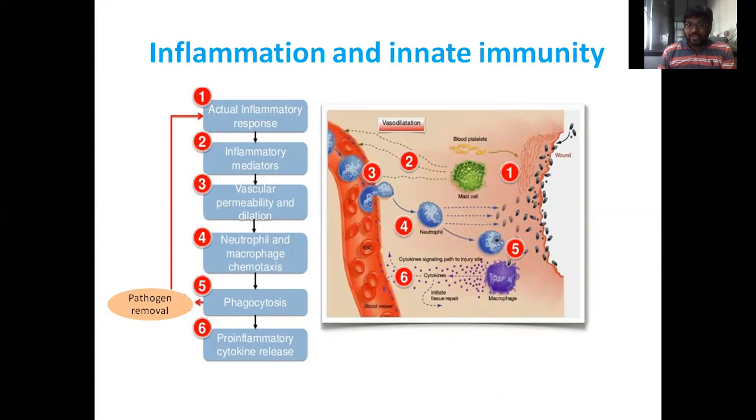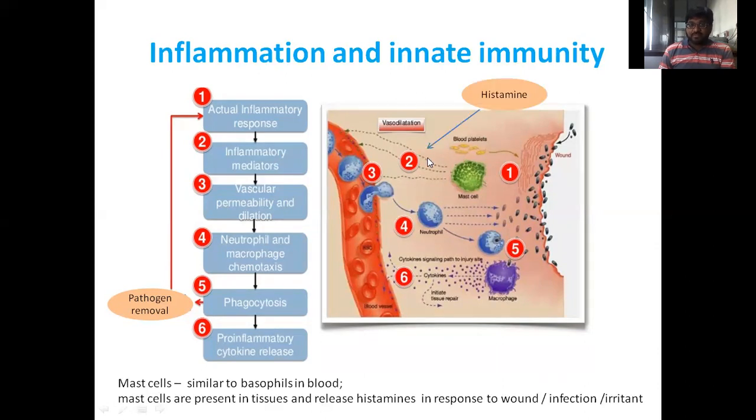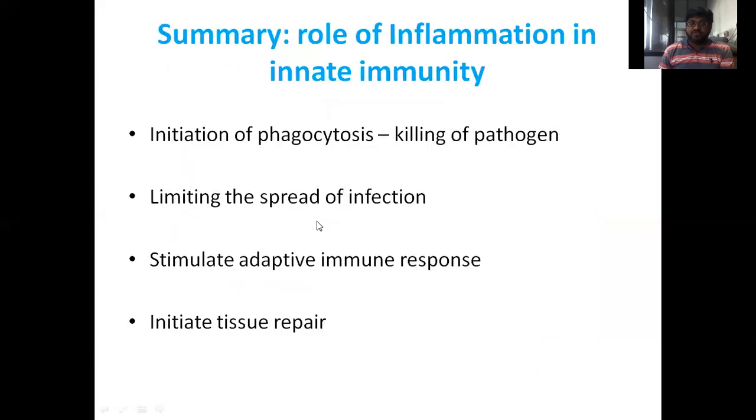They come for the phagocytosis of the microbes present at the site. So this is the preliminary role of the macrophages and the neutrophils at the site of the inflammation. This is the histamine that is produced by the cell, and that leads to the adaptive immune response.